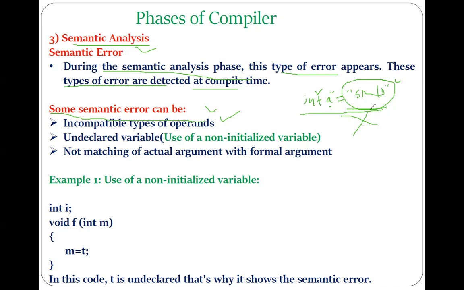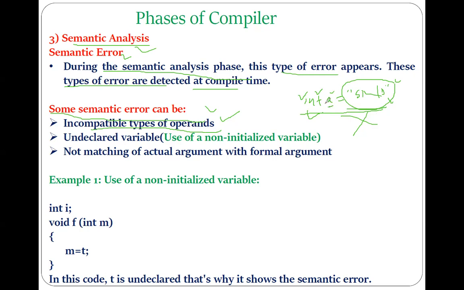If you do these kinds of things in the program, you will definitely get this kind of error, and that error is considered a semantic error. So this is nothing but type checking and checking of type compatibility. This kind of error is called incompatible type of operands. What does that mean? You have declared the type of variable a as an int, and you are trying to assign it a string value.